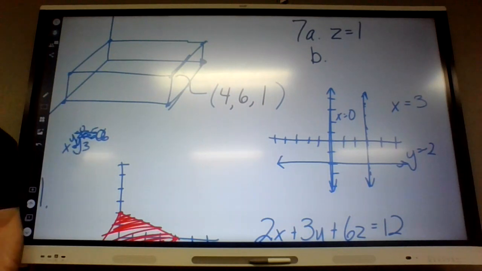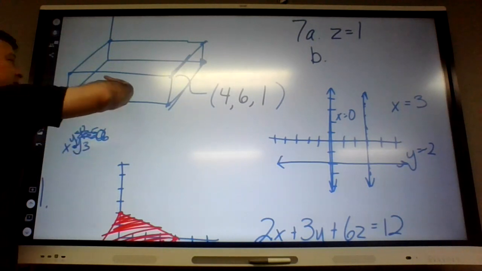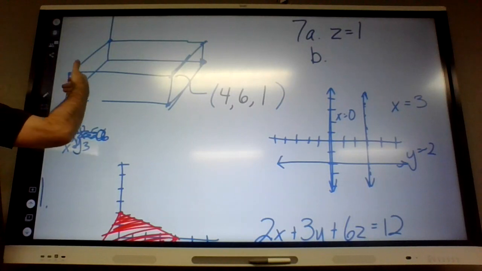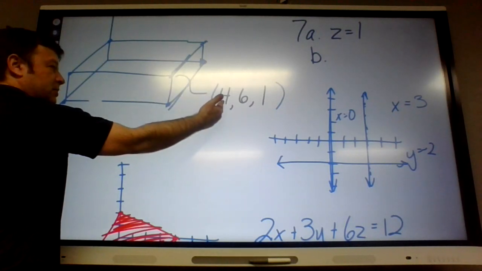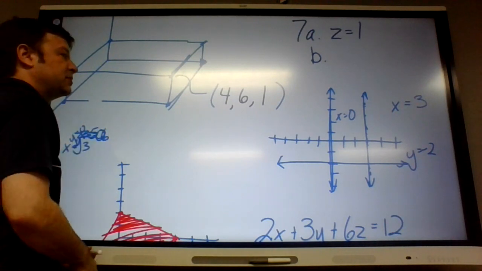And then B says plane ABED, which is the front. The front is cutting through the x-axis at 4, so this plane on the front is x equals 4.